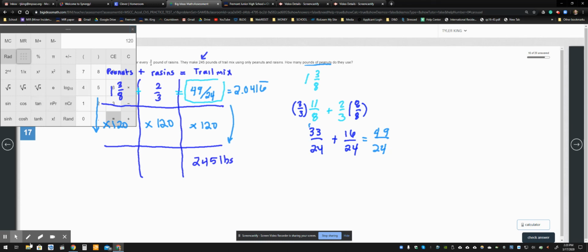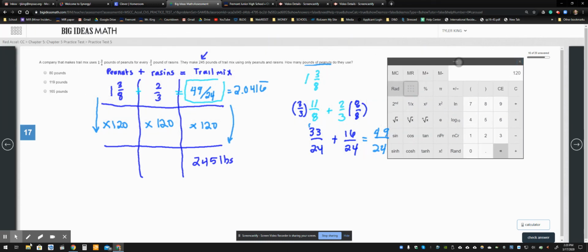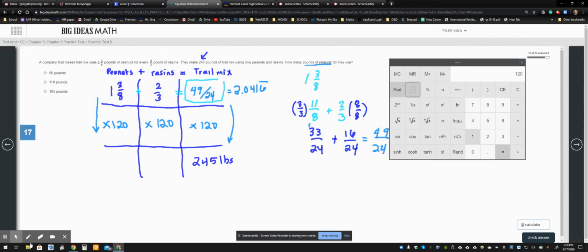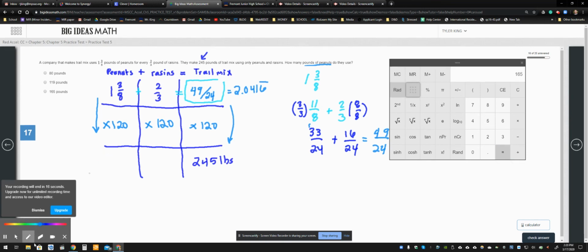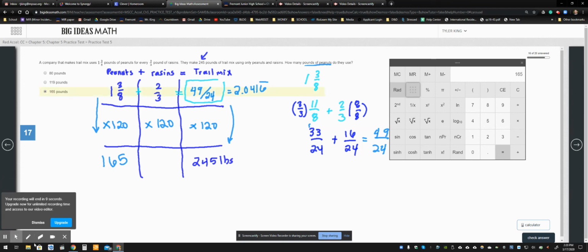I'm going to say 11 divided by 8, which is going to be equal to 1 3/8 times by 120, and that's going to be equal to 165. So I should see 165 peanuts here. So if we're looking at this, we see 165, we get our answer, and we are good.